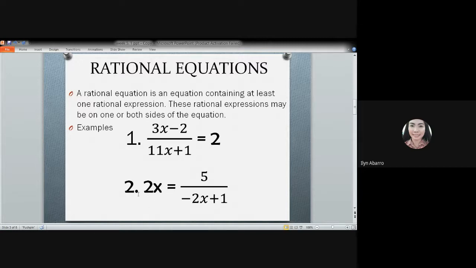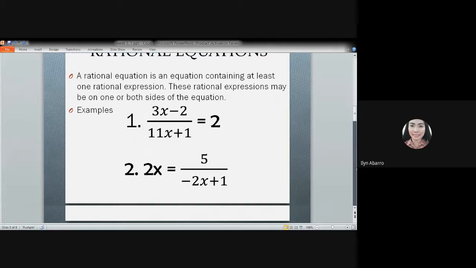But this is still a rational expression because 2x is still a polynomial. Okay? So a polynomial with a denominator of 1 is equal to 5 over negative 2x plus 1, which is also a rational expression. So this is considered a rational equation because this is an equation of rational expressions.